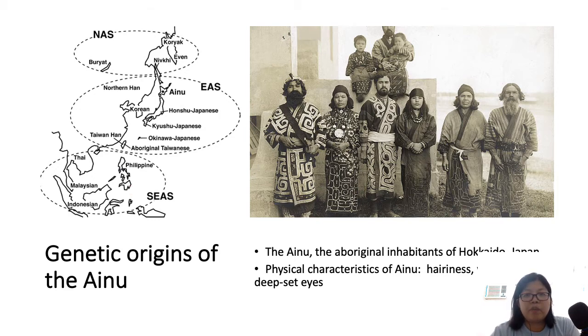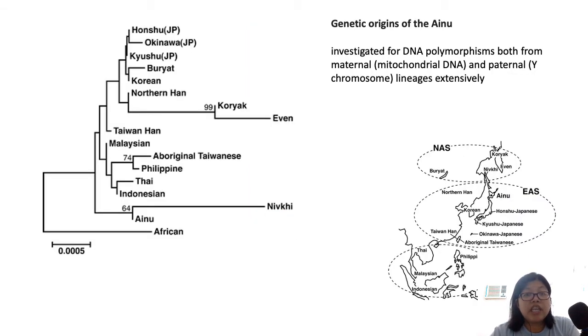They compared the mitochondrial DNA and the Y-STRs of these groups of people, and they found out that the Ainu clustered with the Nivkhi. The Nivkhi are people living on an island that is actually a part of Russia. So as you can see in this tree, it's very interesting.